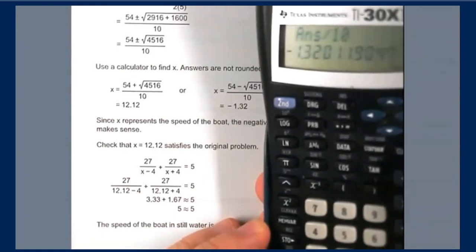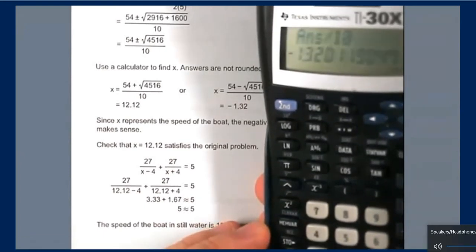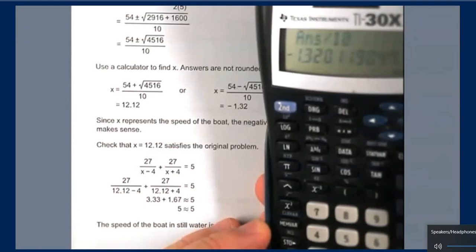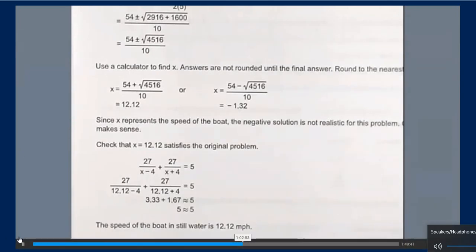Rate cannot be negative, just like negative time or negative sides. So we reject the second answer. And our only answer, the speed of the boat in still water, is 12.12 miles per hour.